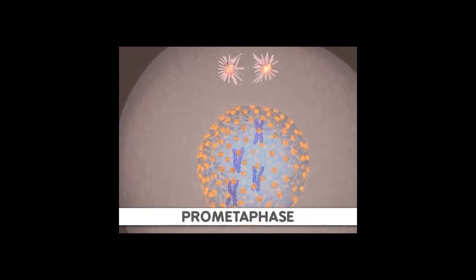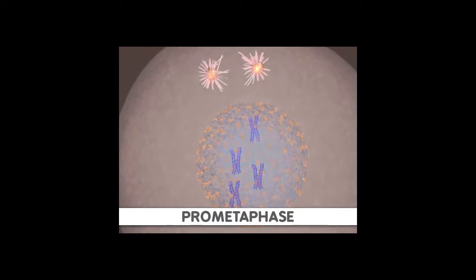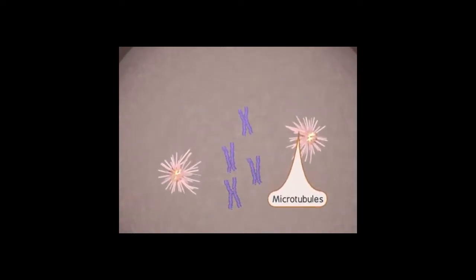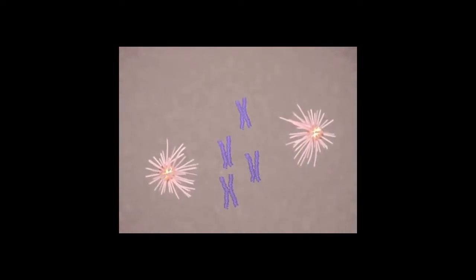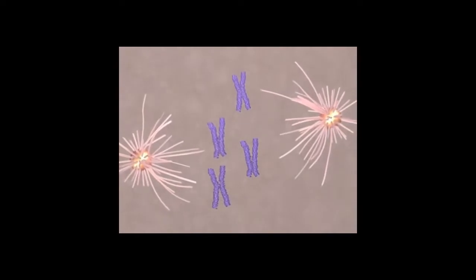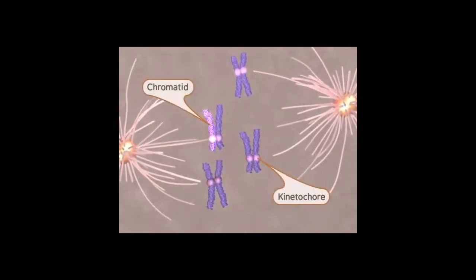At the same time, microtubule strands, or spindle fibers, are growing from the centrosomes. These strands attach to a protein structure called the kinetochore. One kinetochore is attached to the centromere of each sister chromatid.